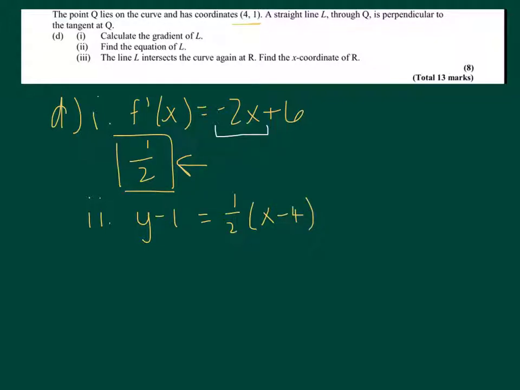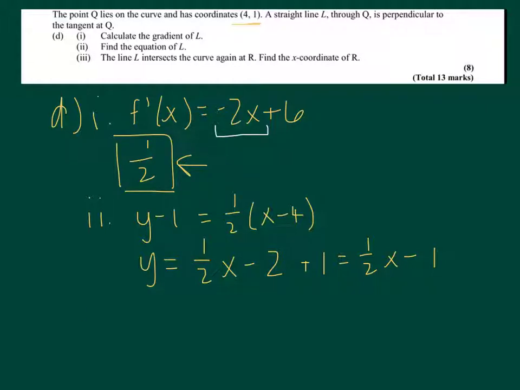You can simplify that or leave it the way it is, but I'm going to simplify it because it's going to help me with the next part. So y equals 1/2 x minus 2, and then plus 1, which equals 1/2 x minus 1.